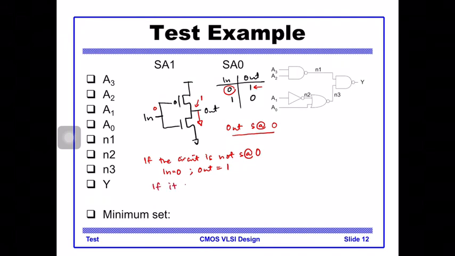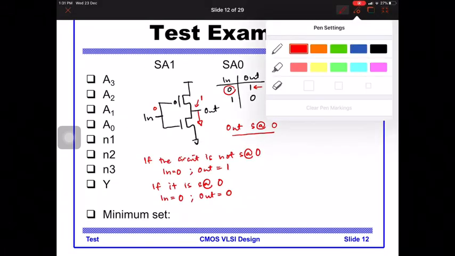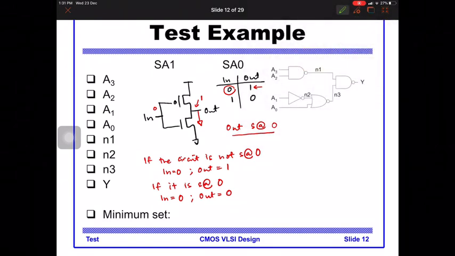If it is stuck at 0, then when your input is 0, your output equals 0, right? Your circuit is stuck, and your output is always 0 even though your input is 0.